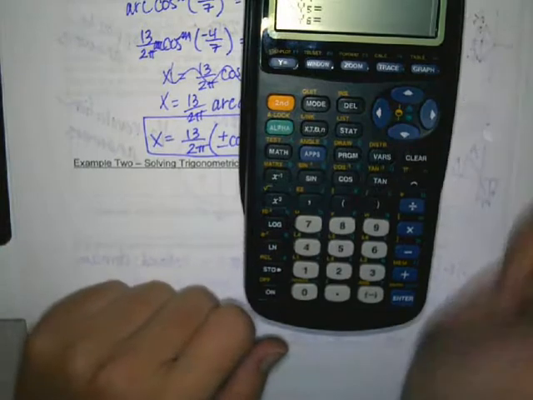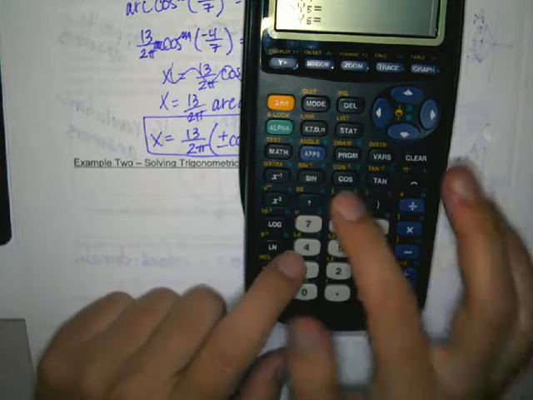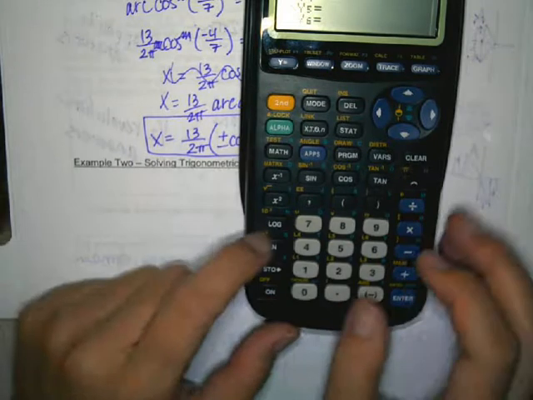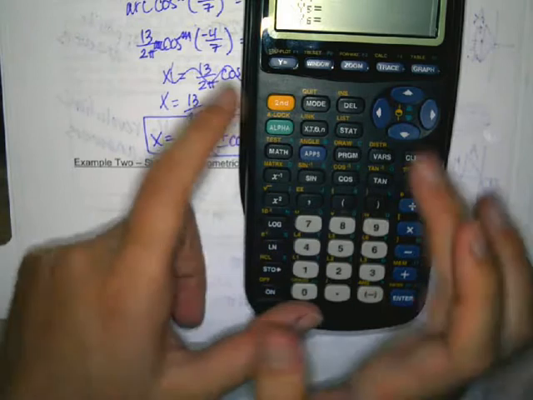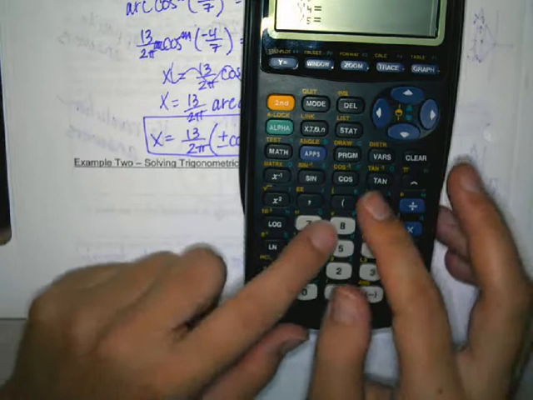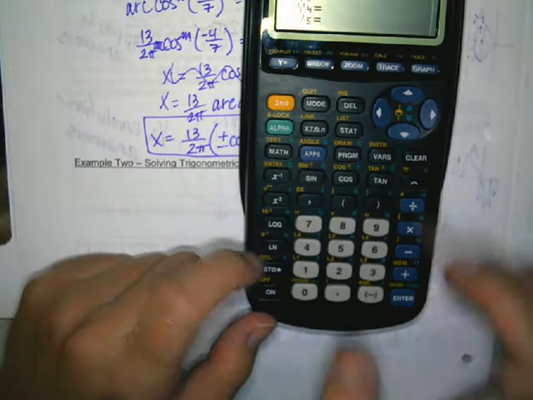Okay, and then I'm going to do the same thing here, except I'm going to make it a negative cosine to the negative 1 of negative 4 over 7 plus 2 pi x, plus 4.